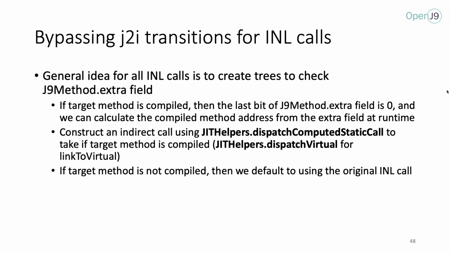One is dispatchComputedStaticCall, which we use for everything other than linkToVirtual, and for linkToVirtual, we use JITHelpers.dispatchVirtual. And if the target method is not compiled, we just default to dispatching via the INL call.